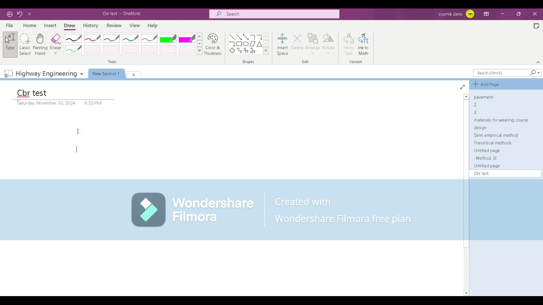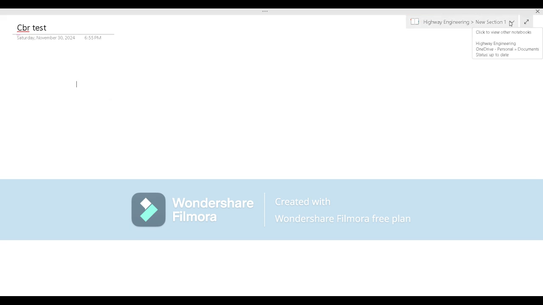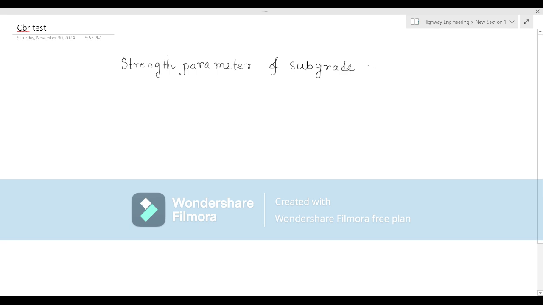Now let us discuss the CBR test, based on the strength parameter of subgrade soil.